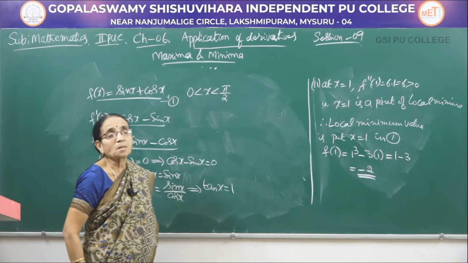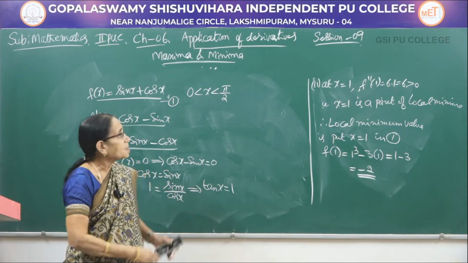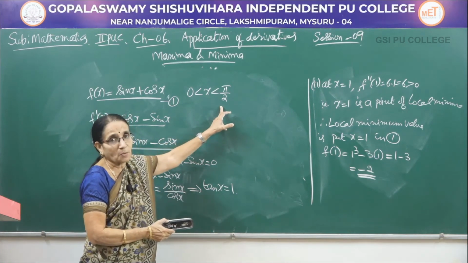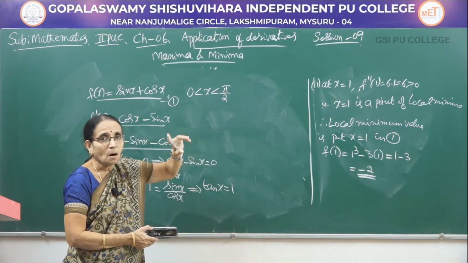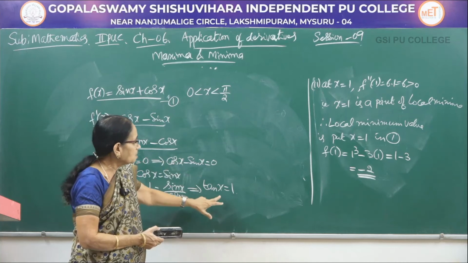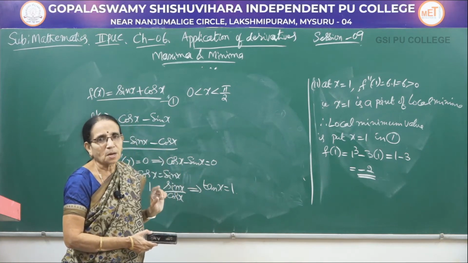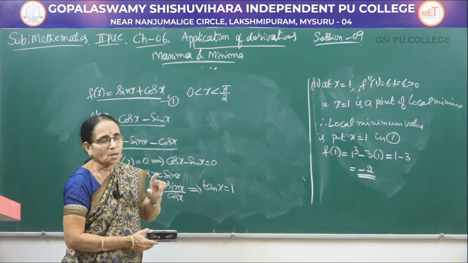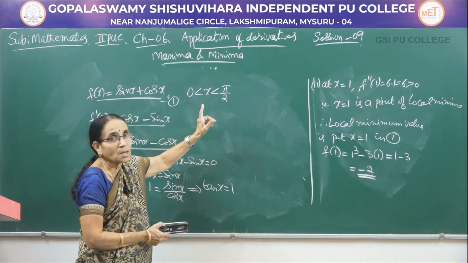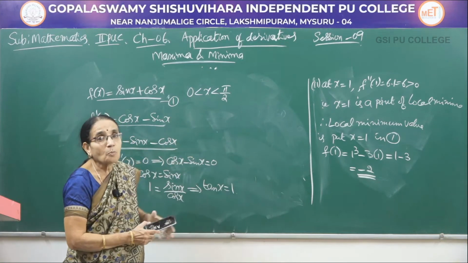Now we have to get the values of x here. If this were not given, or if the interval were 0 to 2 pi, with all 4 quadrants considered, then we would have two values of x, because tan x is positive in the first as well as in the third quadrant, whereas it is considered only in the first quadrant, and that too an open interval.